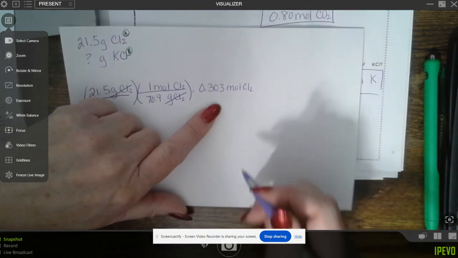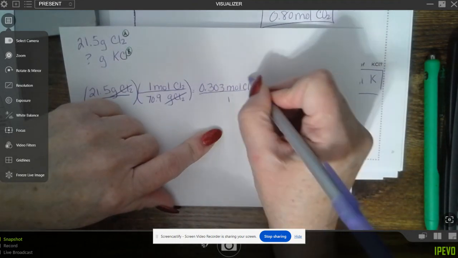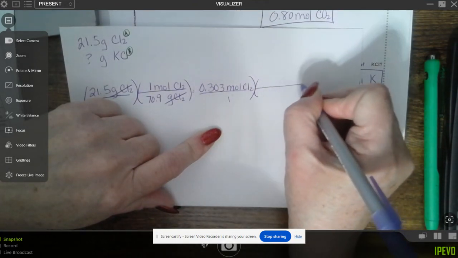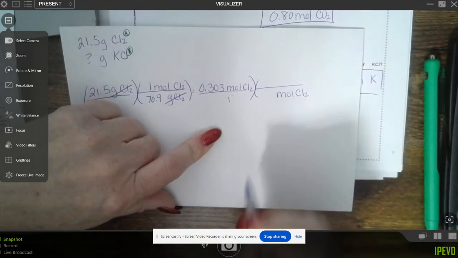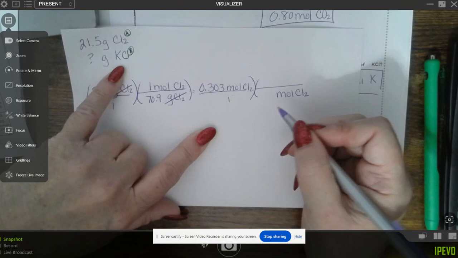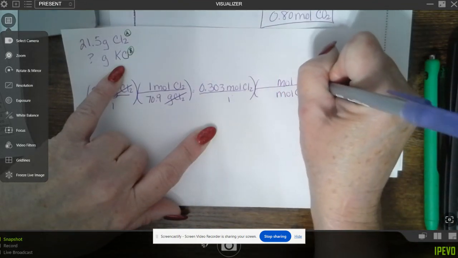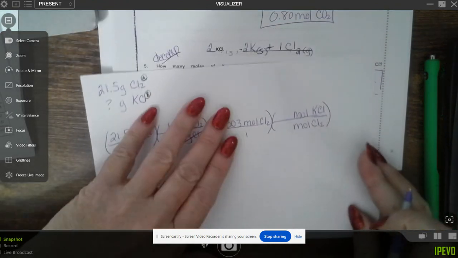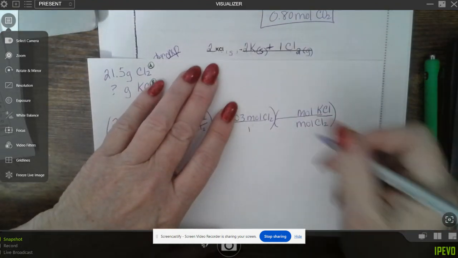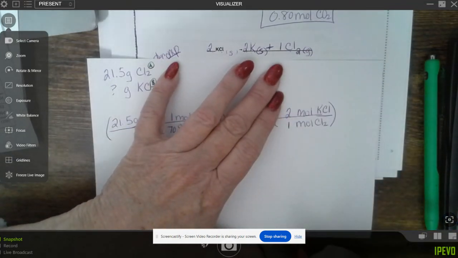Next step, we want to go from moles of A. So moles of Cl2 goes on the bottom. And we want to go to moles of B. B is KCl, so moles of KCl. Where's our equation? So 2 moles of KCl produces 1 mole of chlorine.